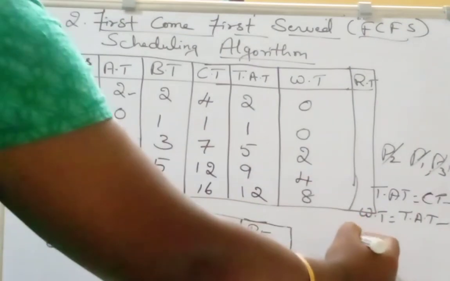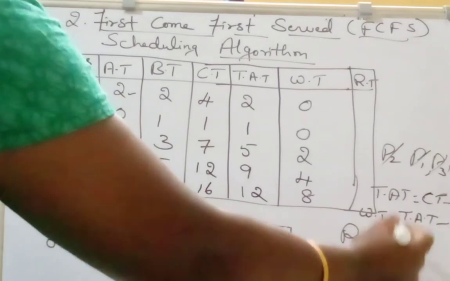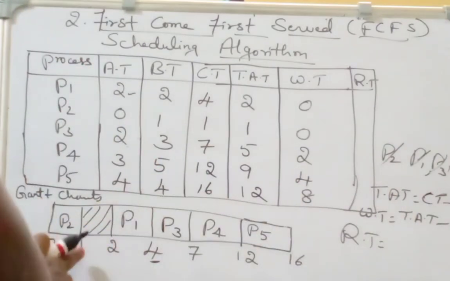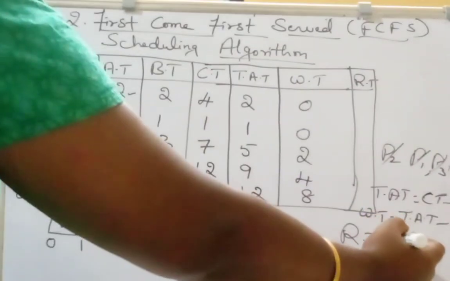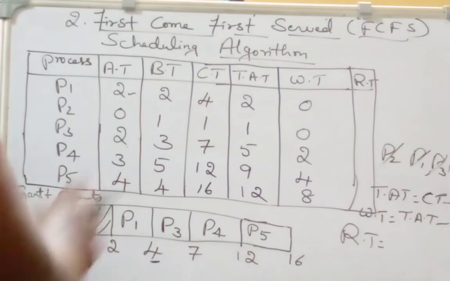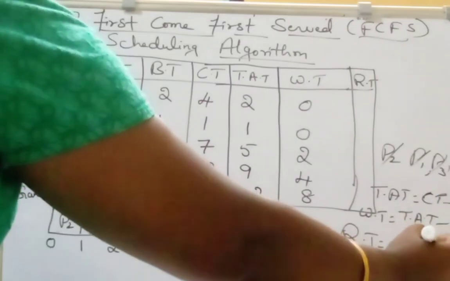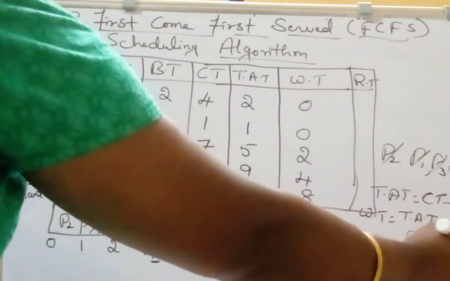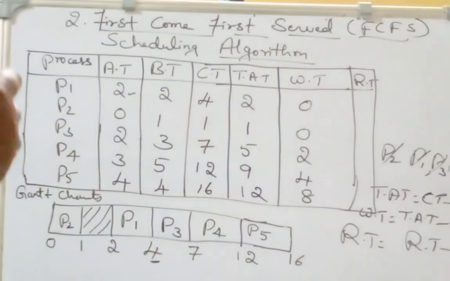So how do we calculate it? Response time is equal to the first time the CPU responds to that process minus the arrival time of the process.